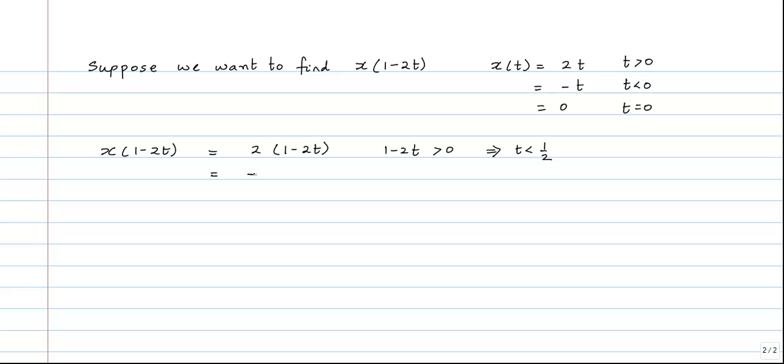And this is negative 1 times 1 minus 2t for 1 minus 2t less than 0, or equivalently for values of t greater than a half. And it's equal to 0 when 1 minus 2t is equal to 0, or for t equal to a half. Okay.